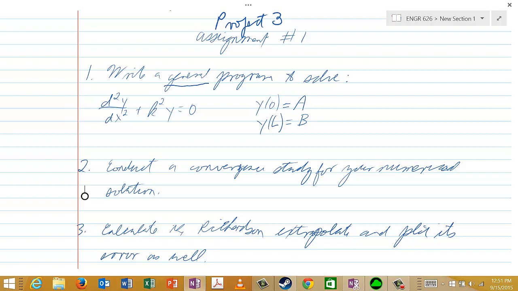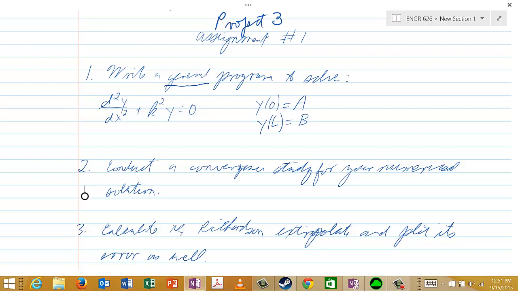And then once you have that, you will want to take your program and put it inside a loop so that you can easily vary delta. In other words, with each successive solution, you'll keep, of course, A and B and K and L. All of those will be the same.